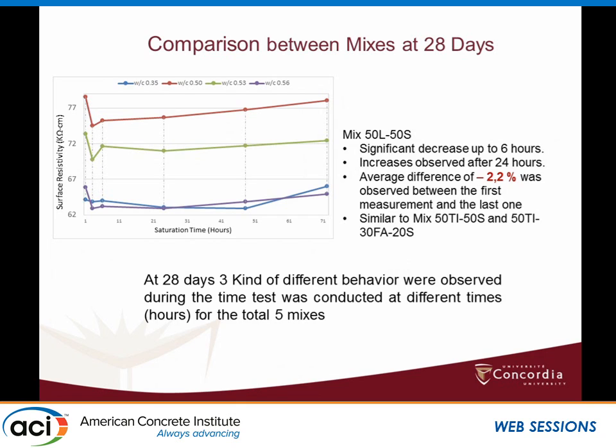This mixture is 50% limestone and 50% slag, and the behavior is quite similar to the first one, but the important thing here is, if you compare the resistivity obtained during the first hour of saturation and 72 hours, it is only 2.2%. The average of all these samples, the water cement was 0.35.